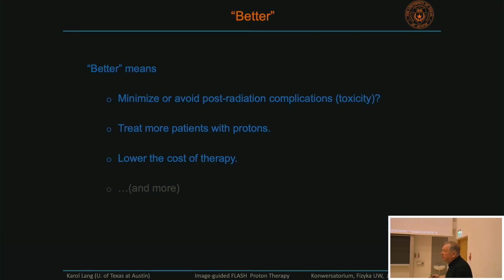Treating more patients with protons, because as you will see, the number of patients that can be treated is actually very small until now. And can we lower the cost of therapy? This list can probably continue depending on points of view. But in general, the idea is, can we make things better for patients and treat more patients?